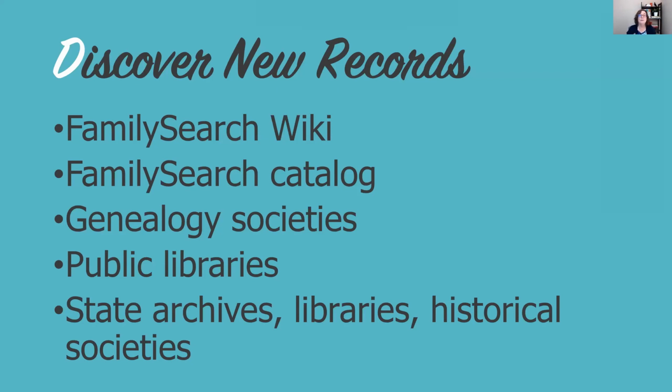You just never know what you're going to find until you go look. And again, think about those public libraries in the locations where your ancestor lived. Also think about state archives, state libraries, and state historical societies. You may not find the word genealogy on their websites, but go in and look at their catalogs.